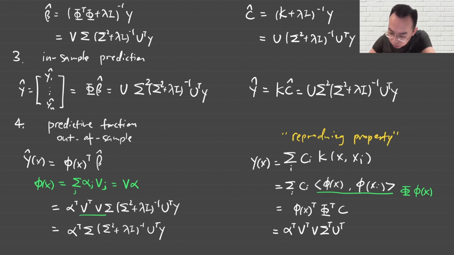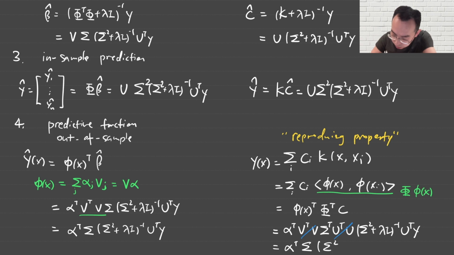Then the C becomes U (sigma square plus lambda I) inverse U transpose Y, right? And then we can do some canceling again. So this is going to cancel to identity. That gives us alpha transpose sigma, and then (sigma square plus lambda I) inverse U transpose Y, right? So they are the same. Now we have shown these are the same, right?